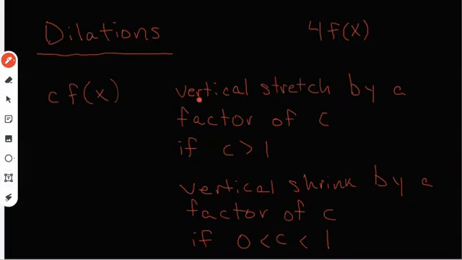Okay? So that's the difference between a vertical stretch and a vertical shrink. It's the number that we're multiplying f of x by.